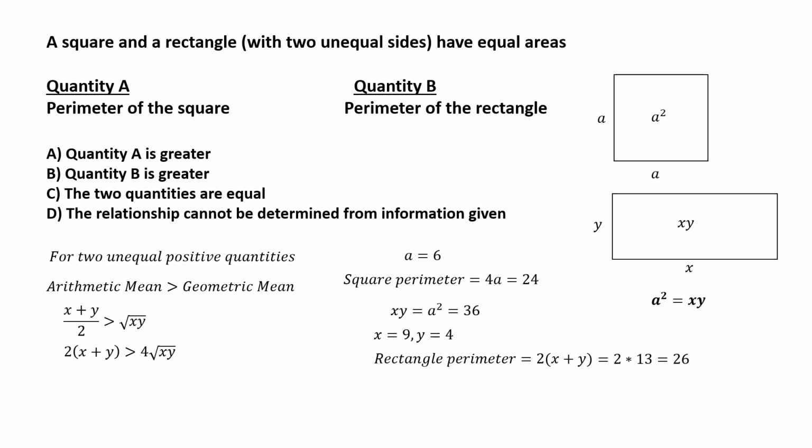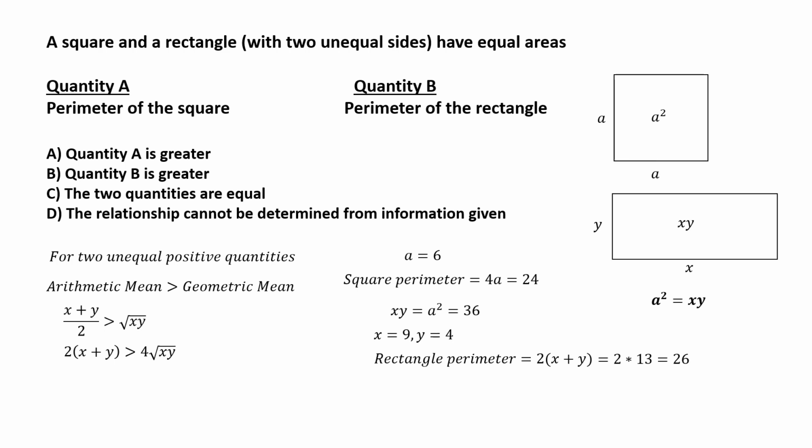So on the right hand side of the inequality, we can substitute xy by a square. But before we do that, we multiply both sides of the inequality by 4 just to get the perimeter of the rectangle on one side. So this is just simple multiplication. We multiply both sides by 4, and our left hand side of the inequality becomes 2 times x plus y, and the right hand side becomes 4 root xy.